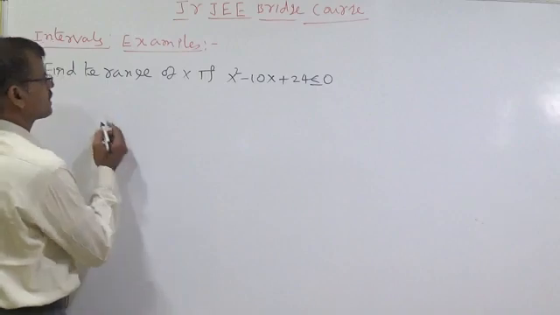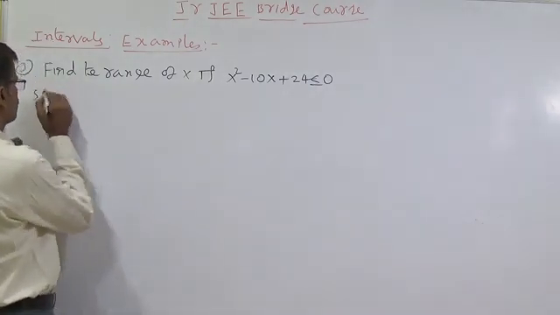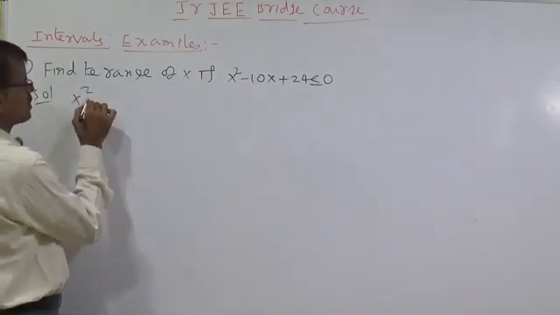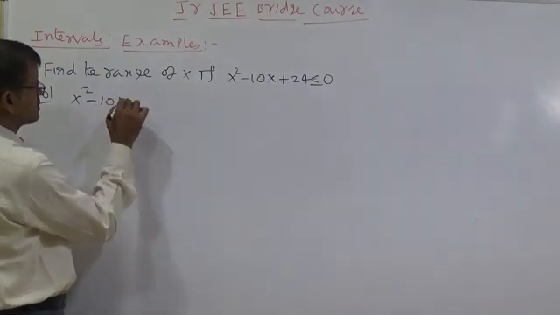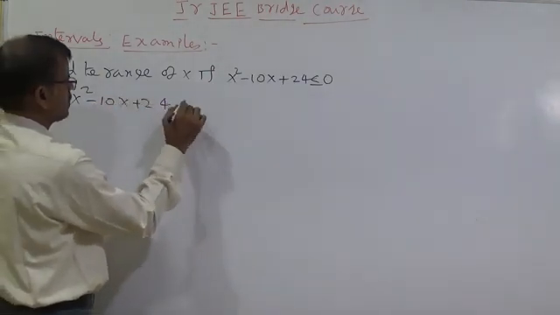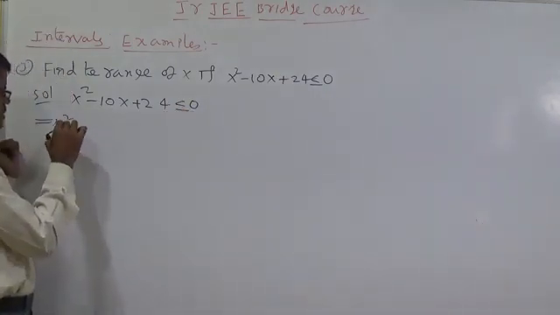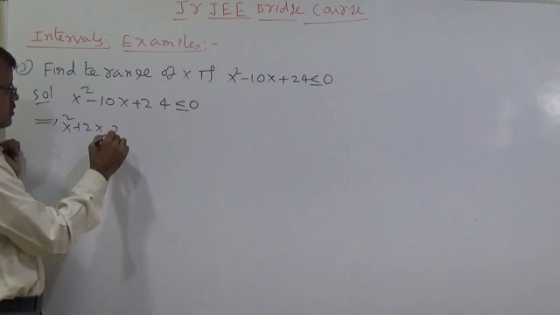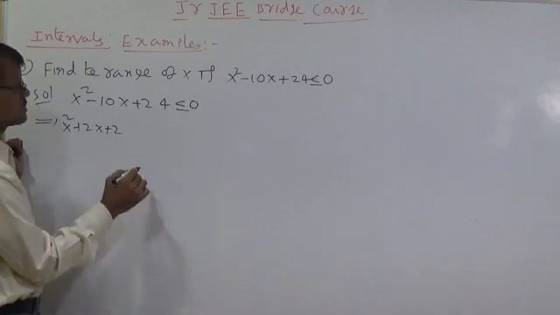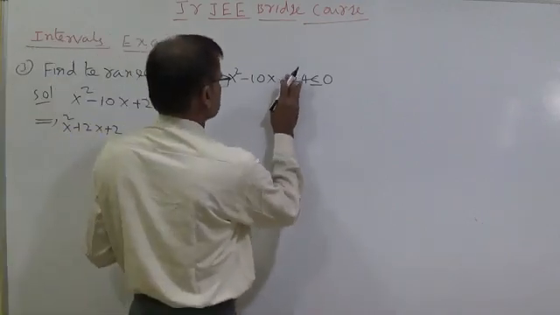It depends upon the factors of 24. We can write this as x square minus 10x plus 24 less than or equal to 0. That implies x square minus, you can write like this, 12x plus, so plus is not possible.